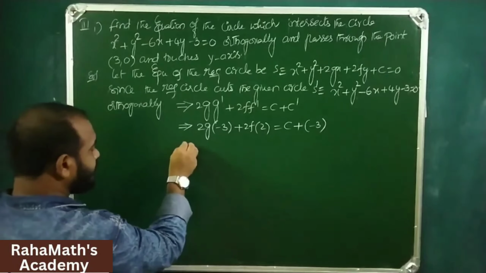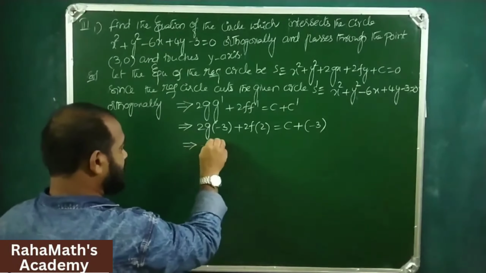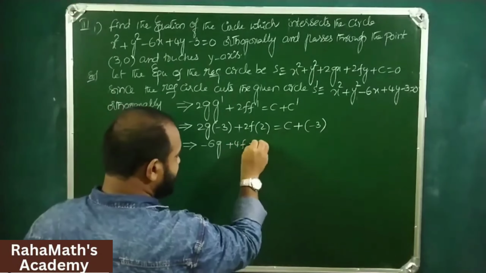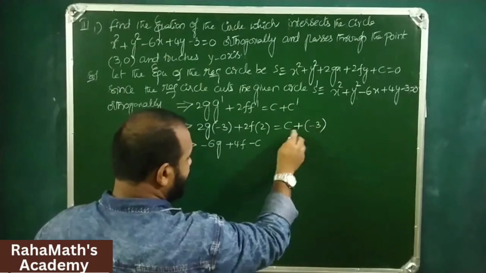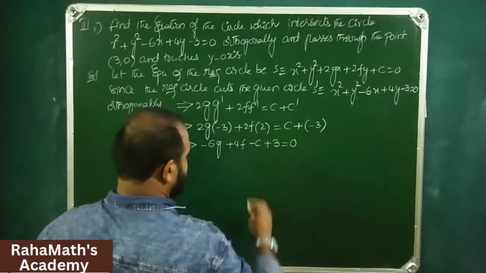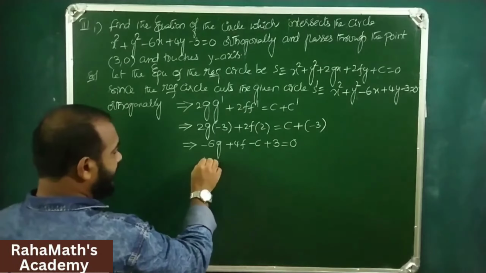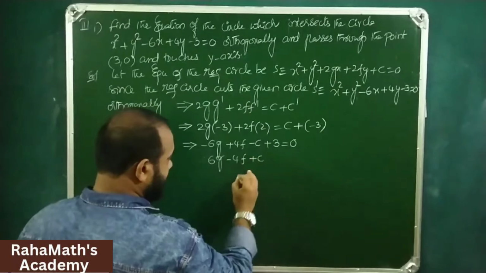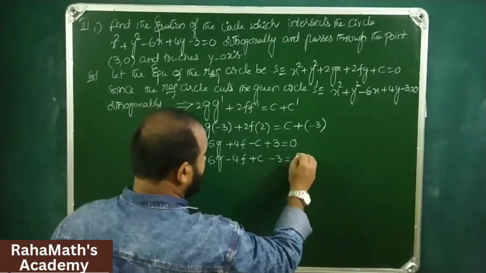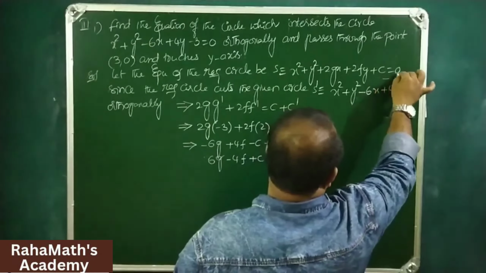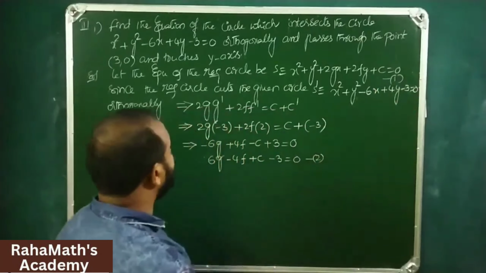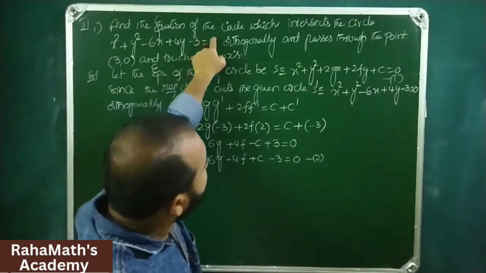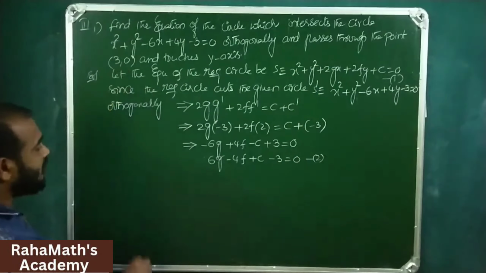This is minus 6g plus 4f equals c minus 3. So if I take minus in common, 6g minus 4f plus c minus 3 equals 0. So this is the first equation. Let us take this to be the second equation.